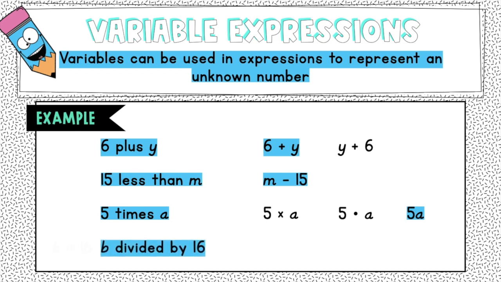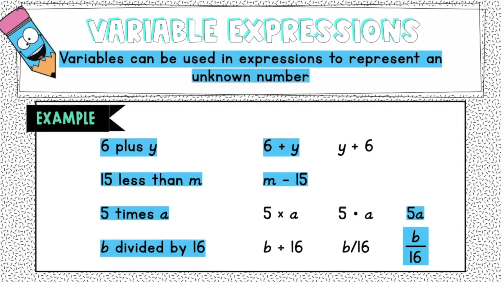For division, if we had b divided by 16, we could use our division sign, we could use a slash, but we could also write this as a fraction. We'll learn more about this later in our fraction unit, but fractions really represent division. So b over 16 is the same as b divided by 16. Go ahead and pause the video if you need more time to write these examples of variable expressions in your notes.